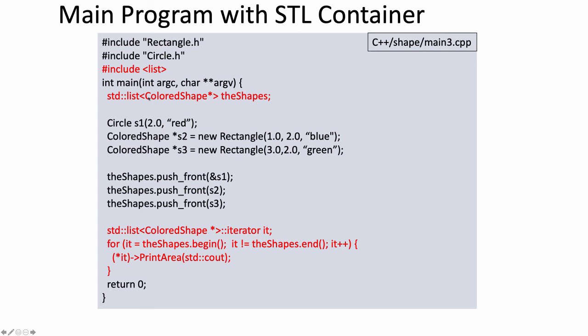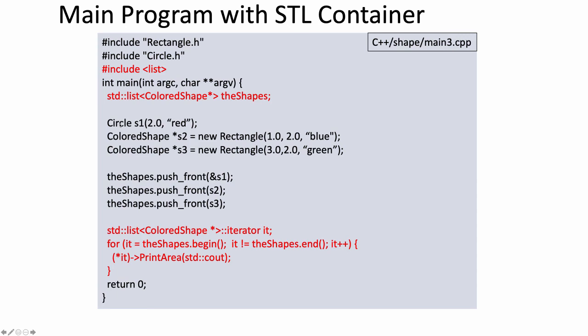This list is similar to what we did yesterday with the points and the elements. We showed them in a linked list. Well, this list STL gives the exact same thing. So the way to create a list, I'm going to declare a list of shapes, and this is the way we do it. It's std::list. In the angled brackets, we specify the type of object it's going to hold. In this case, it's a pointer to a colored shape.